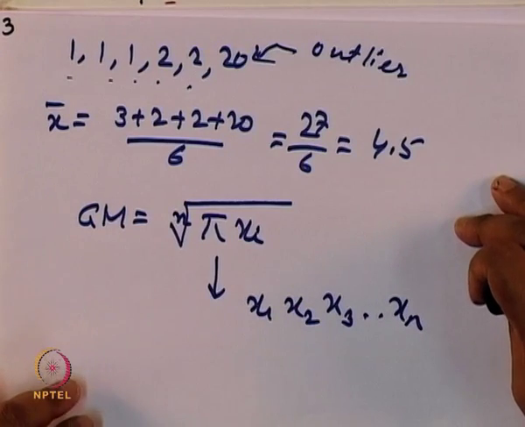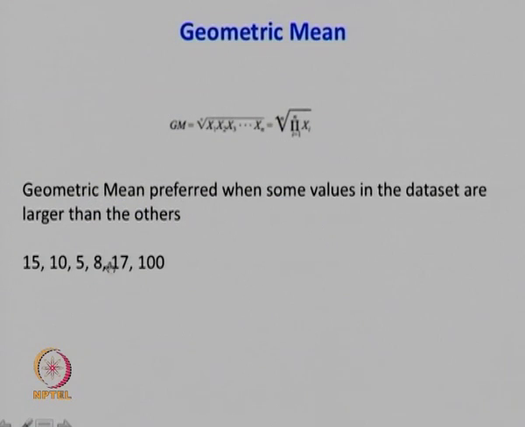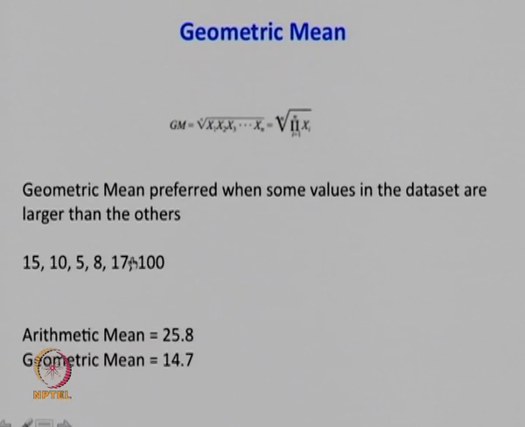So, now what we find is, for these particular values that I have chosen, 15, 10, 5, 8, 17, 100, you can clearly see that most of the values lie within 17 except for this one number, which is 100. Okay. So, if I calculate the arithmetic mean for this sample, it turns out to be 25.8, and as with the previously discussed case, we can see that 25.8 is much bigger than the number 17. Okay. So, if we calculate the geometric mean instead, it gives me the value of 14.7, which is much closer to this population.